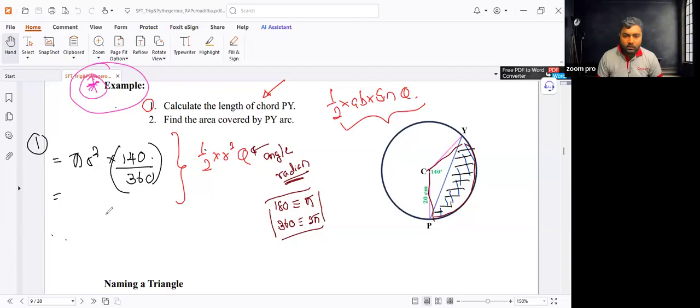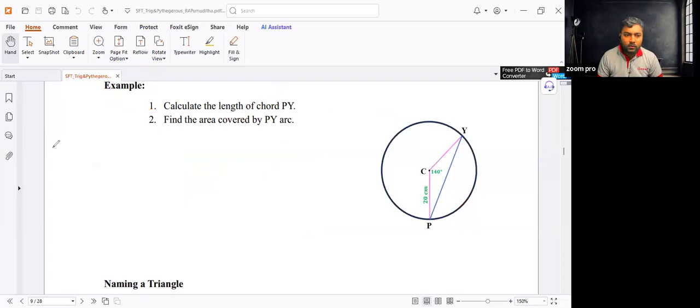Here, pi r squared. Okay, I'm going to clear this one. First of all, we have to find the area of P1.